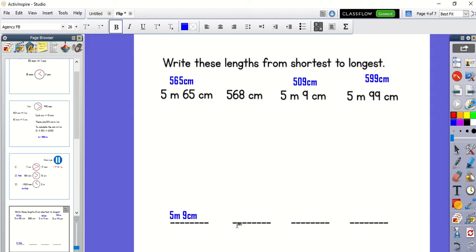Then it's 5 meters 65 centimeters. Then it's my 568 centimeters. And finally, it's my 5 meters 99 centimeters.